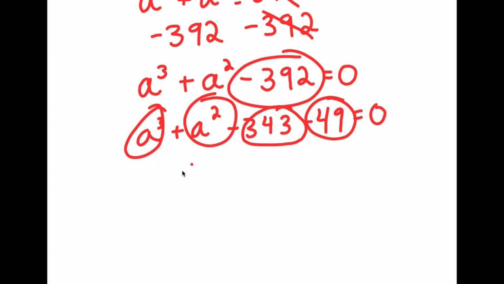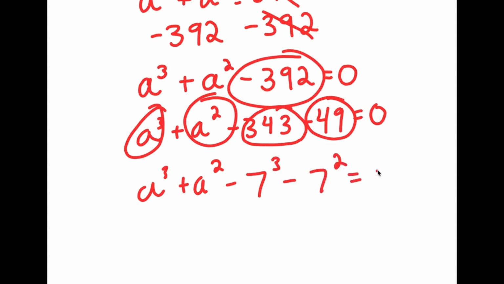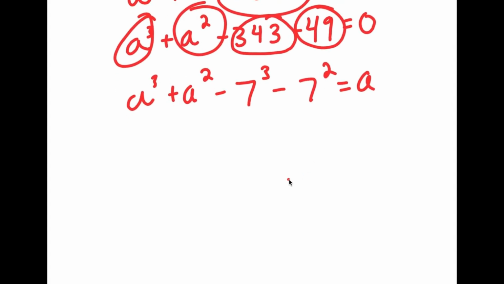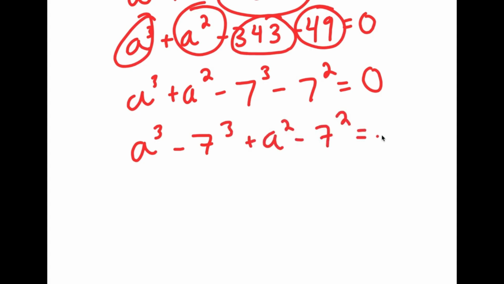Actually, first, I should rewrite 343 as 7 cubed and 49 as 7 squared. So we have a cubed plus a squared minus 7 cubed minus 7 squared, and this is 0. Now I'm going to change the order to group the cubes and then group the squares. So I have a to the power of 3 minus 7 to the power of 3 plus a squared minus 7 squared is equal to 0.